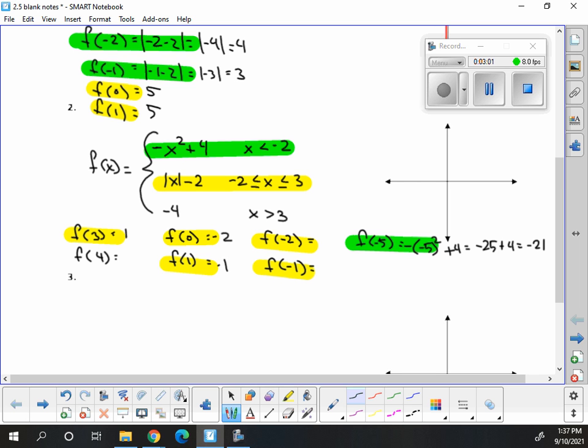So 3 minus 2, 0 minus 2, 1 minus 2, -2 minus 2, -1, or +1. 2 minus 2 is 0, and then 1 minus 2. Okay, and then we had one piece over here. That's just -4.